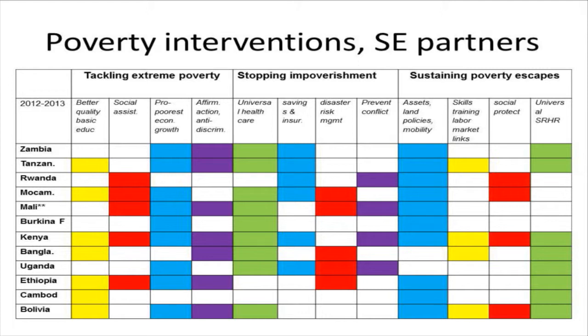The green are health-related interventions. So we can see that Sweden puts emphasis on pro-poor growth. The blue ones are fairly well represented, and also health, the green ones, but weaker on education and social protection.